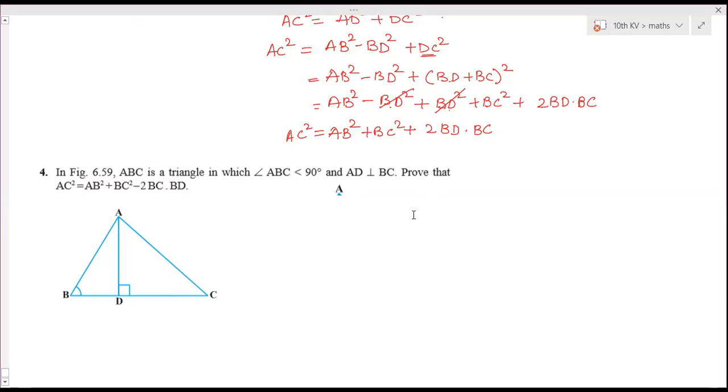First try by yourself. If you want, I will do that one. There are two right triangles, triangle ADB, right, Pythagoras theorem, and triangle ADC, right, Pythagoras theorem.